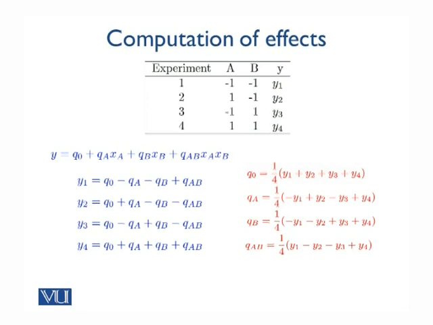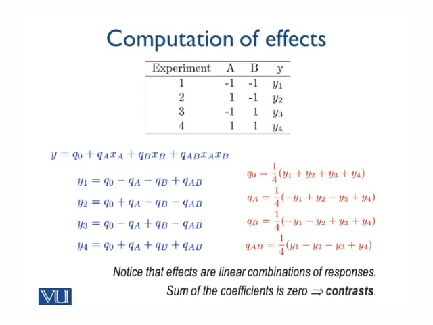So if you observe carefully, this is quite interesting, and this is something known as a contrast. For every equation for Q0, QA, QB, QAB, the factor effect coefficients add up to 0. So in the case of QA, if you add the coefficients of y1, y2, y3 and y4, they sum up to 0.